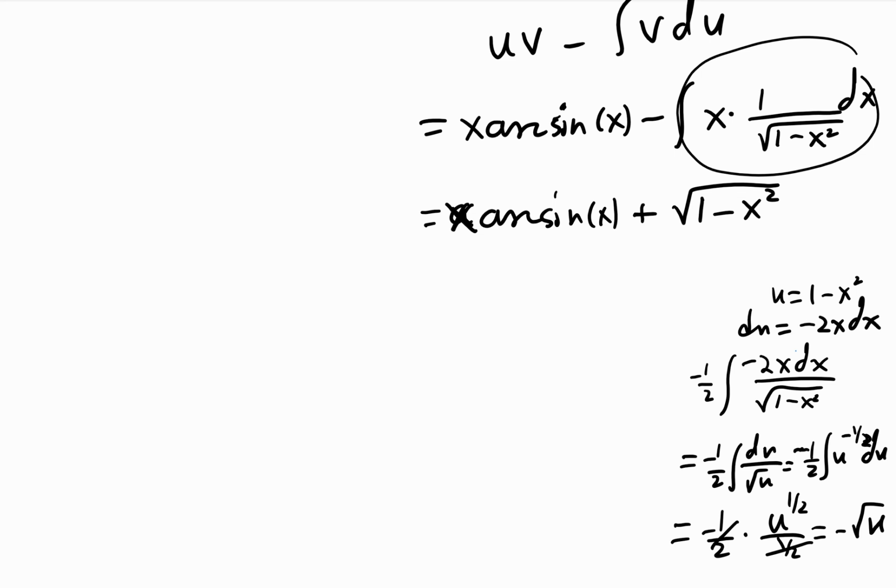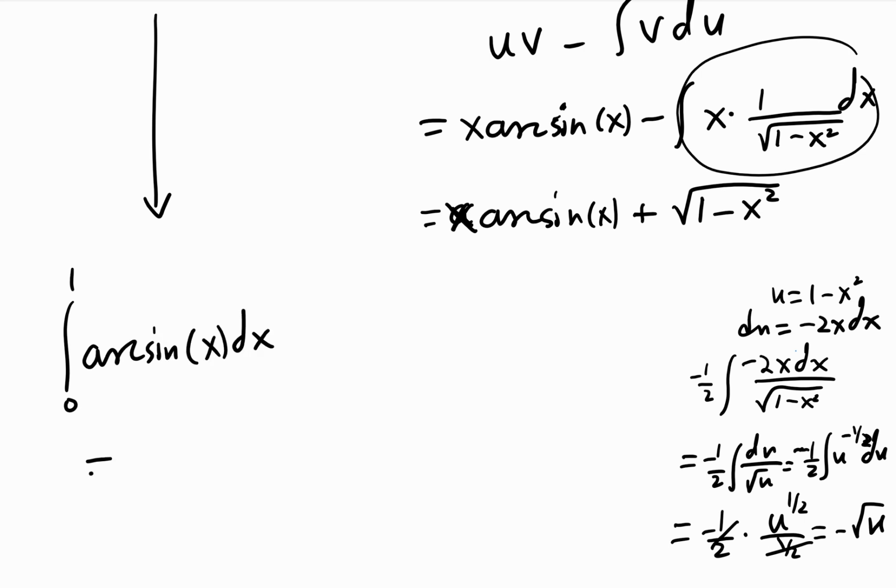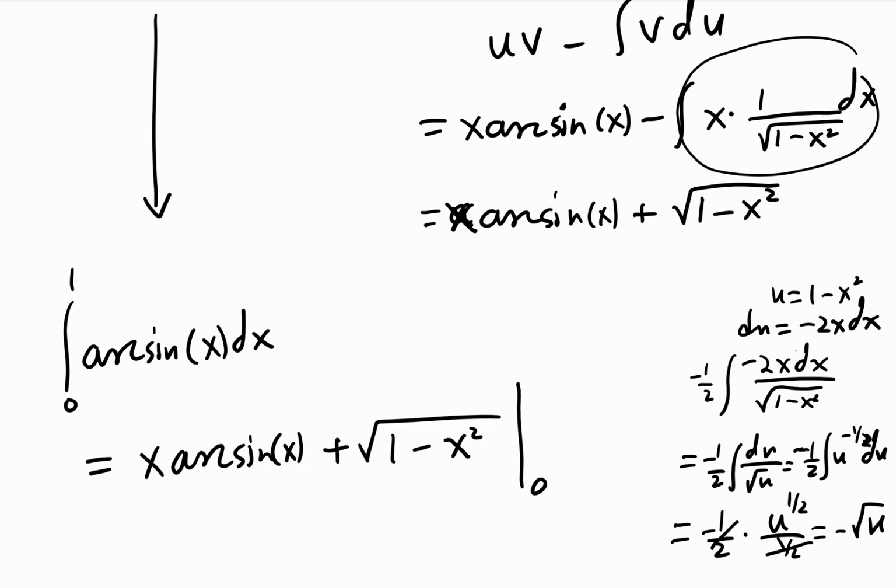Now I have that integral I was trying to find, 0 to 1 of arc sine of x dx. It's giving me x arc sine of x plus the square root of 1 minus x squared, from x equals 0 to x equals 1.